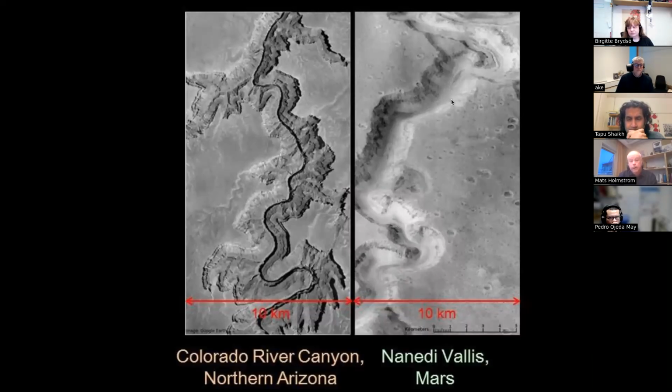So you had even oceans on the planet. But then comes the question, where did all this water go? Because there's no liquid water on the surface of Mars at the moment. There is some ice close to the North Pole, but definitely no surface water on Mars.